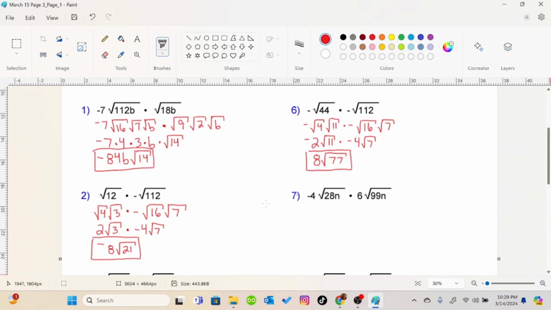Number 7. The square root of 28n is the square root of 4 times the square root of 7 times the square root of n.